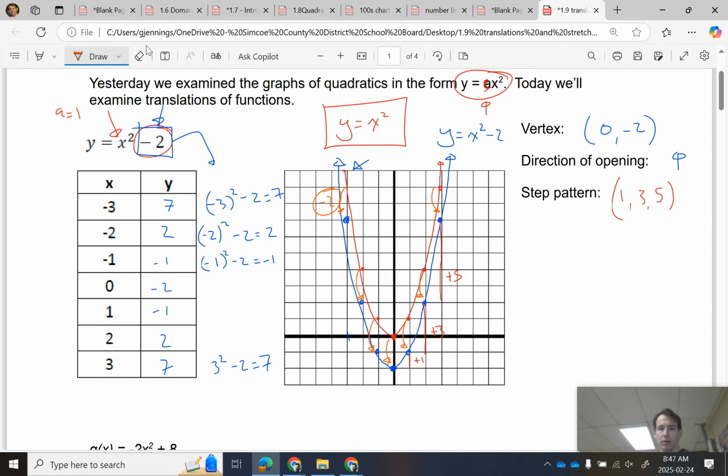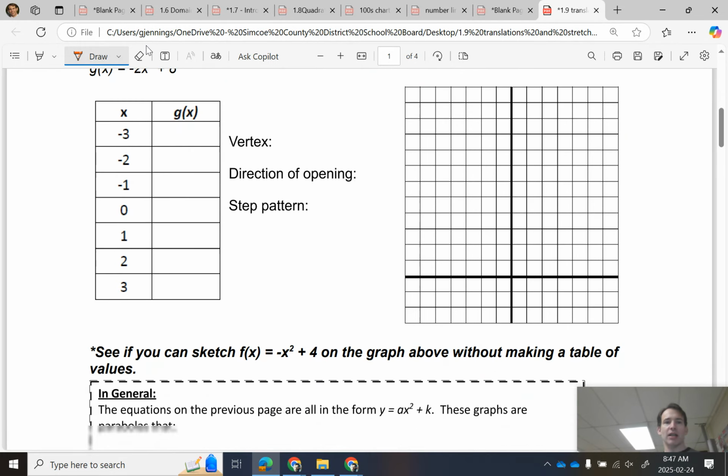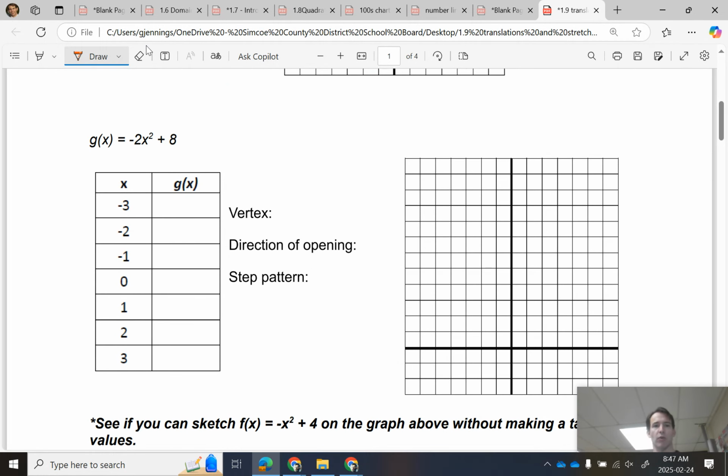That's it. So, what do you think is going to happen here with minus 2x squared plus 8? Well, let's quickly do our table of values. g at minus 3 is going to be minus 2 times minus 3 squared plus 8.